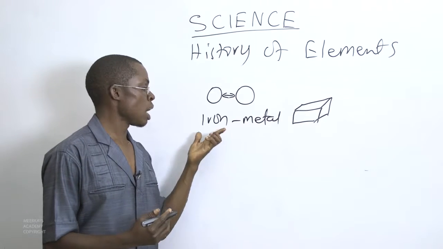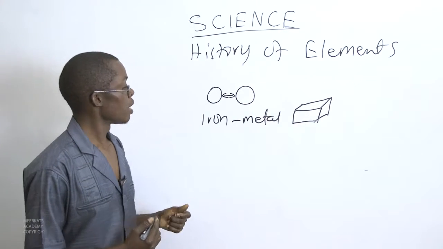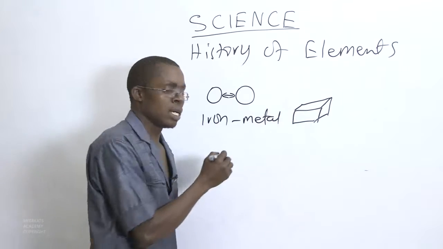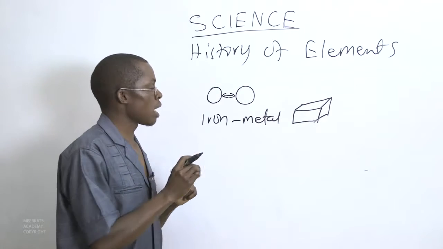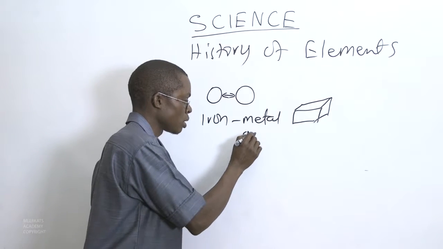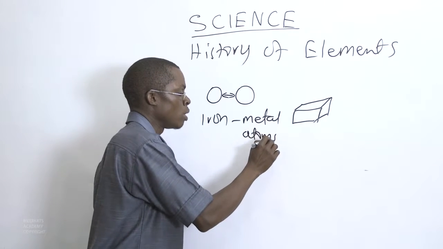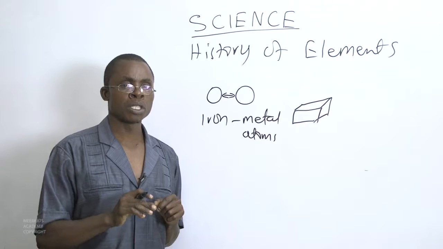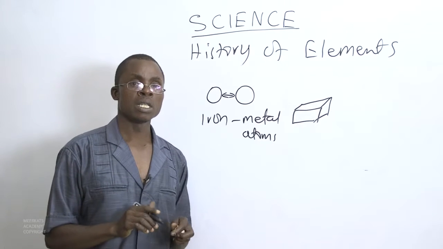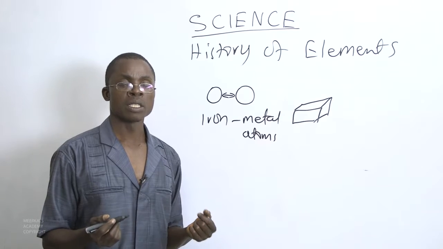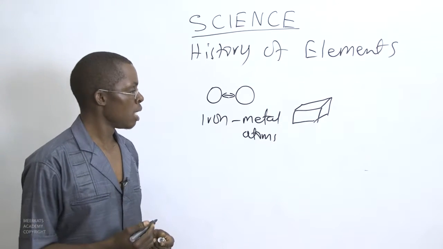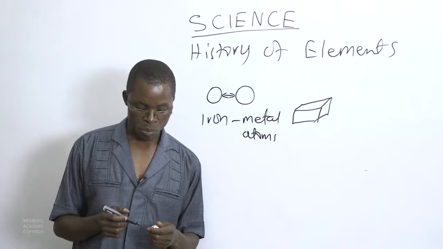I'm just using iron as an example. Inside here, those small particles, which are now iron atoms, will be the only ones possible to be found in that particular material, or in that particular piece of matter.